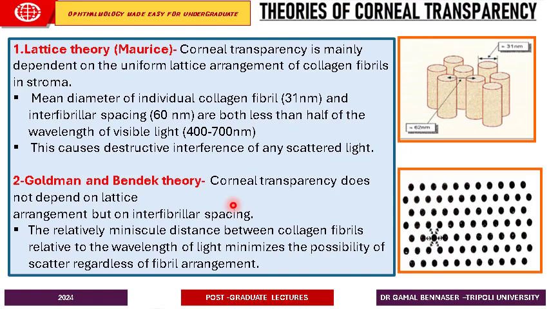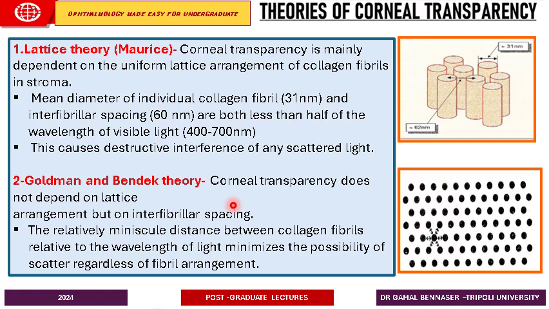Of course, there are other causes of corneal transparency apart from this that we will explain later, like corneal deturgescence and the arrangement of the corneal epithelium. The avascularity of the cornea is also another reason for corneal transparency. Also, the absence of myelin sheath around the corneal nerve fibers.